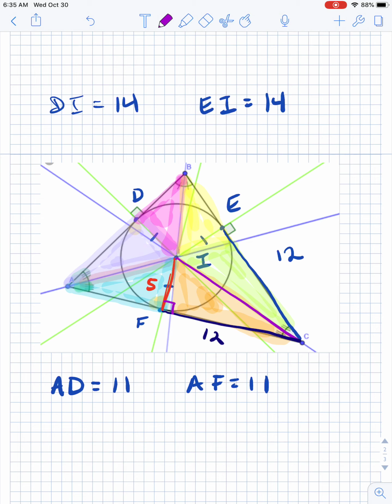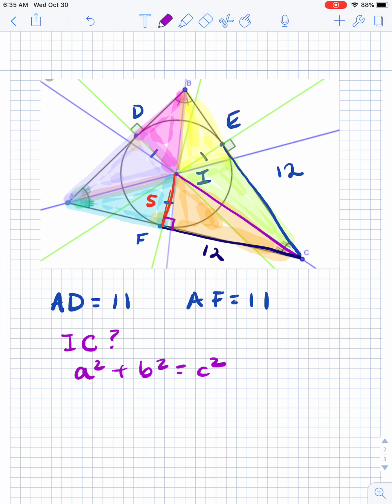So that means that to find IC, so I'm trying to figure out what IC is, right? I can use the Pythagorean theorem. I can use a squared plus b squared is equal to c squared. IC will be my c squared. So I'm going to have 5 squared plus 12 squared is equal to c squared.